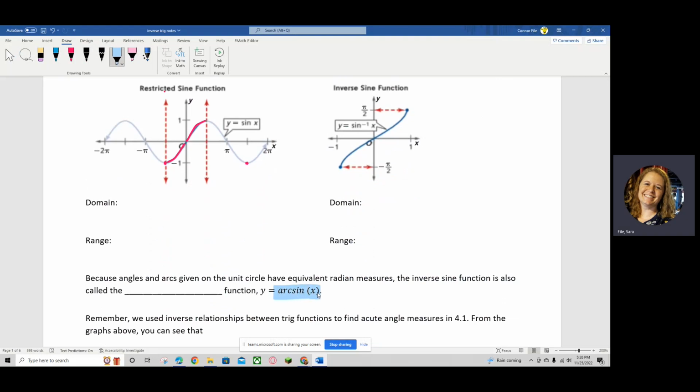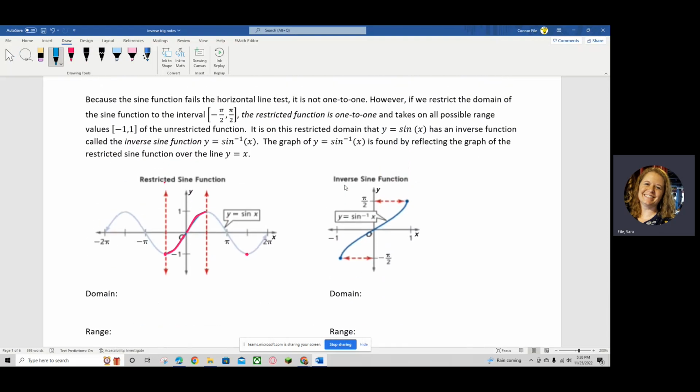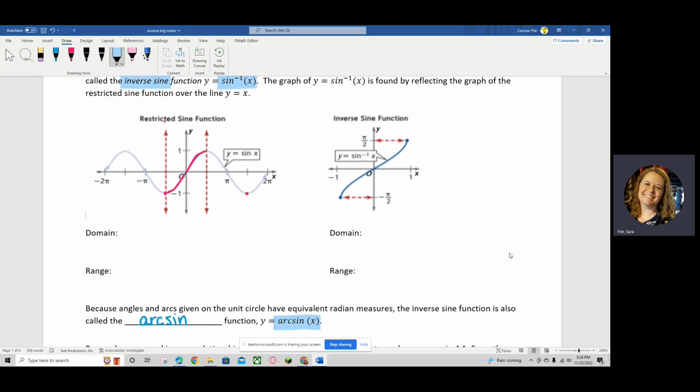So writing it this way, arc sine of x means the same thing as inverse sine of x. The way that you read it, just that piece would be arc sine. And that's how it's written as an equation, y equals arc sine of x. So that means the same thing as this right here, inverse sine, arc sine. Those are synonyms, meaning the same thing.